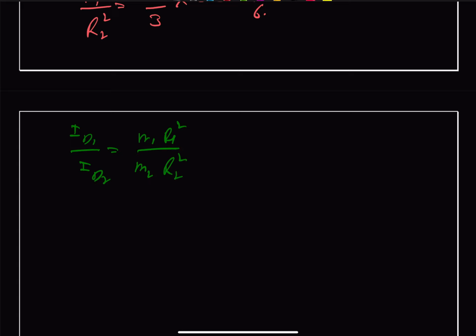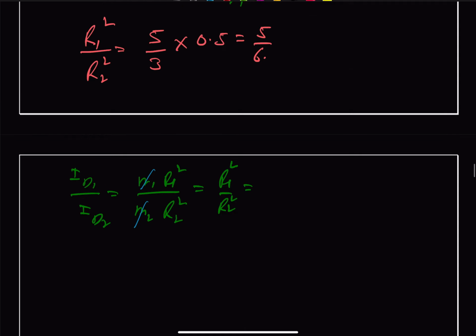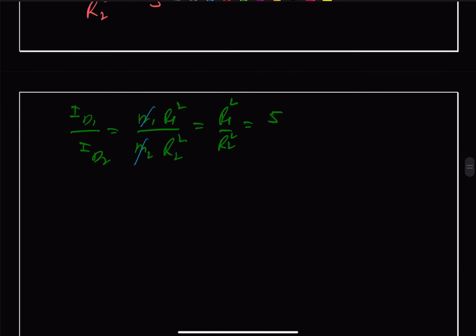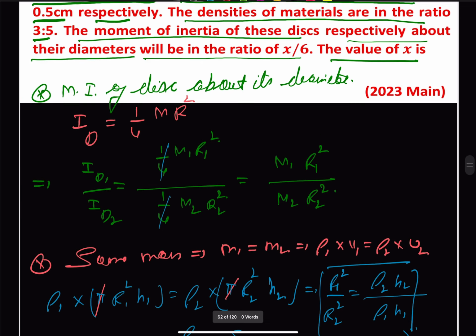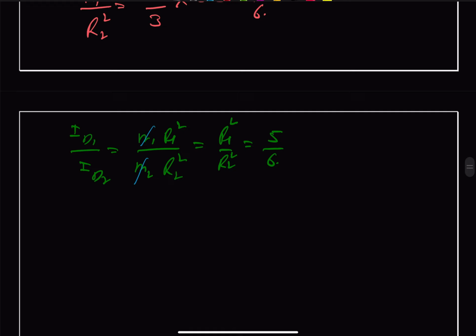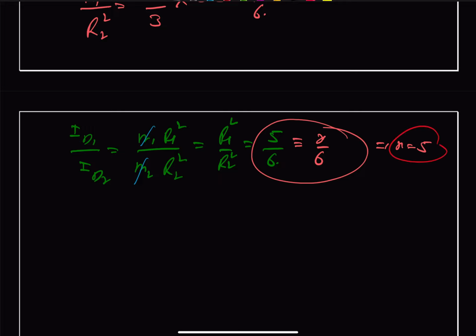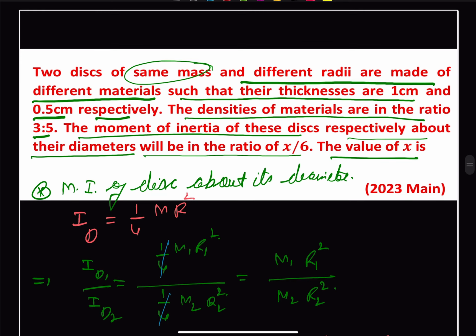The masses are the same, so it cancels out. So this comes as r1 upon r2 square, which is our 5 upon 6. And the ratio is given as x upon 6. So this is equal to x upon 6, giving us that the value of x is equal to 5. Value of x is 5.